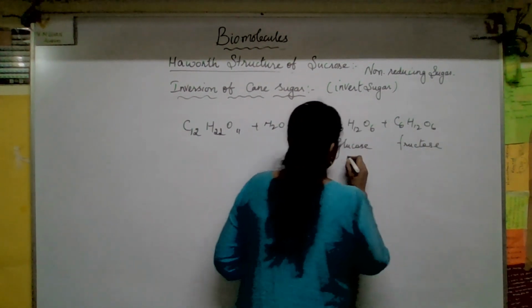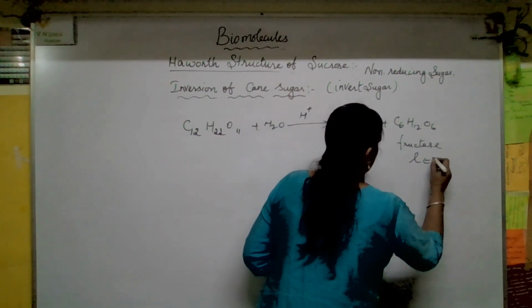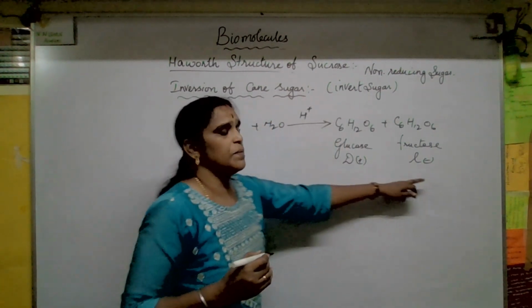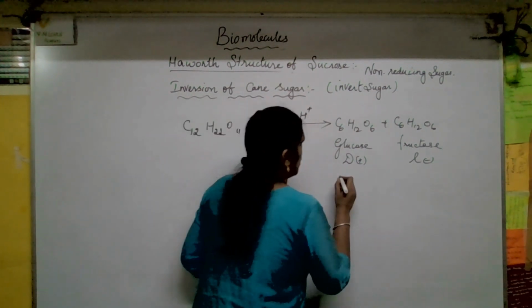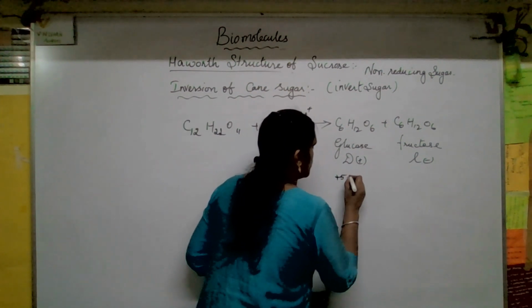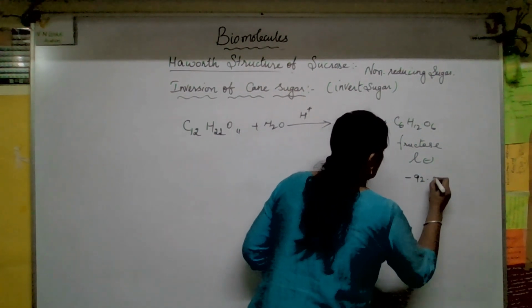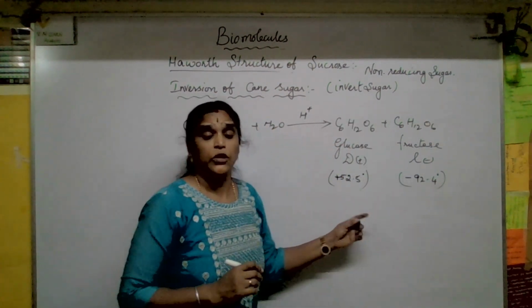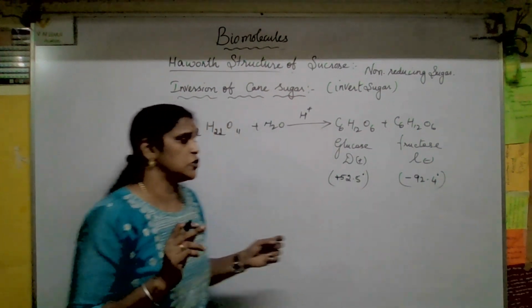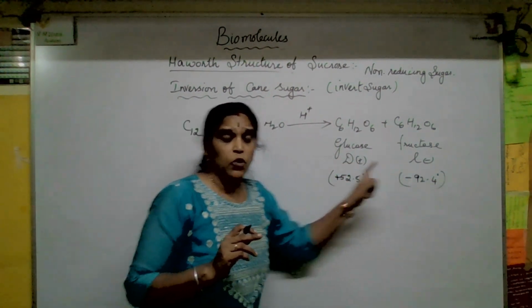This is dextrorotatory and this is levorotatory, so the sign will change through optical rotation. Here plus 52.5 degrees, here minus 92.4 degrees. The sign varies due to the optical rotation, so naturally one is dextrorotatory and the other levorotatory.